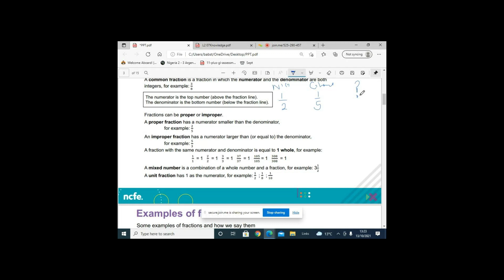Let me tell you how I did it. I find the LCM between 2 and 5, which is 10. So 2 into 10 is 5, 5 times 1 is 5. 5 into 10 is 2, 2 times 1 is 2.